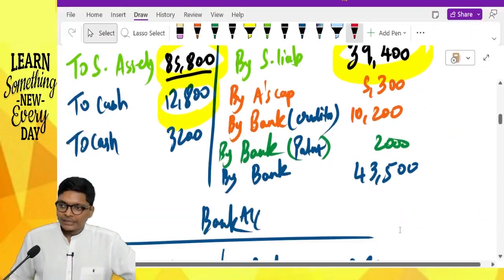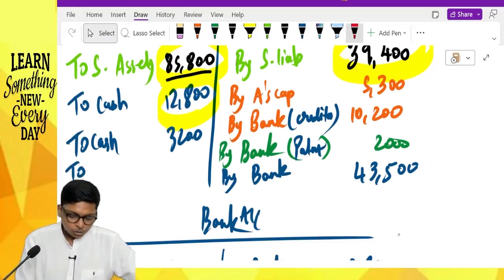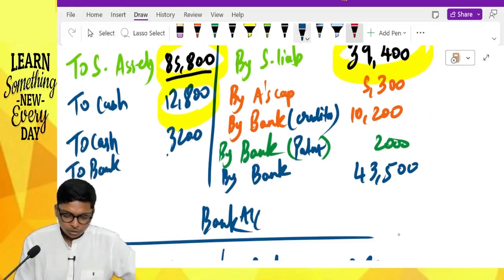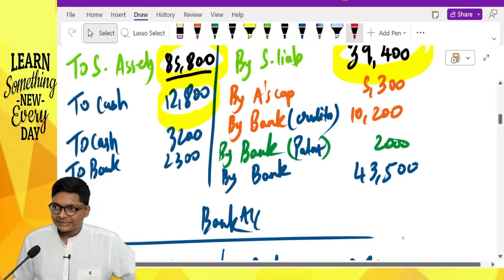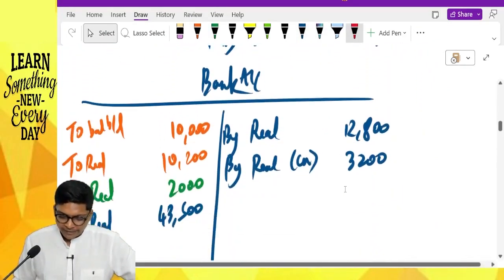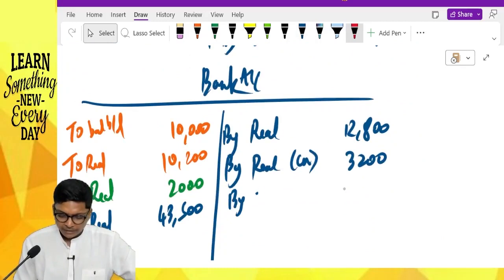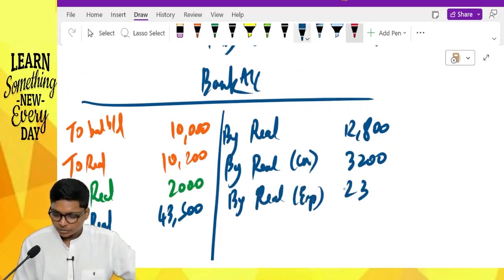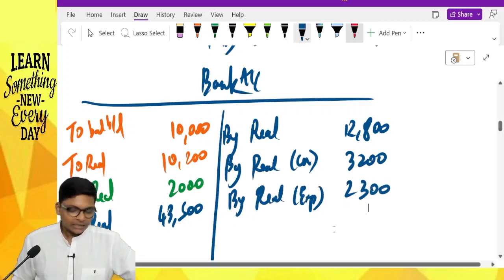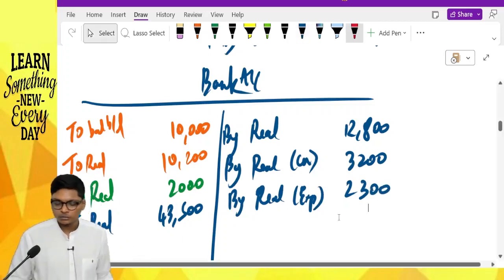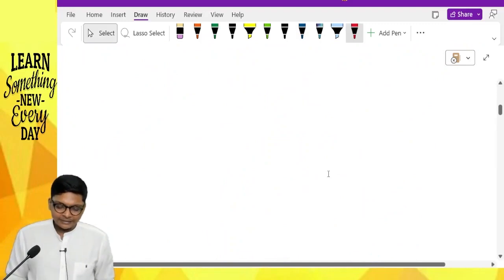Standard one. Realization to bank. So to bank, how much? 2,300. And here bank account will be by realization expense, how much, guys? 2,000. Are you all able to follow? Done, guys?